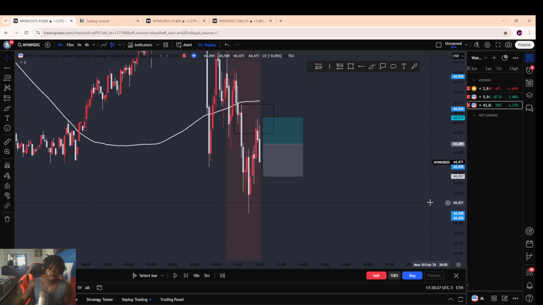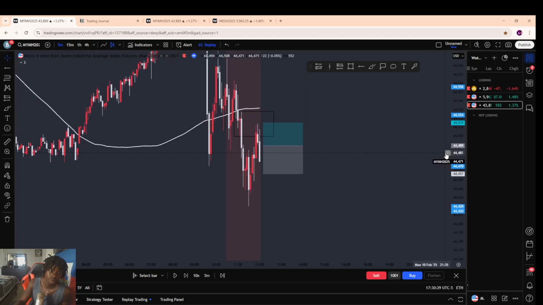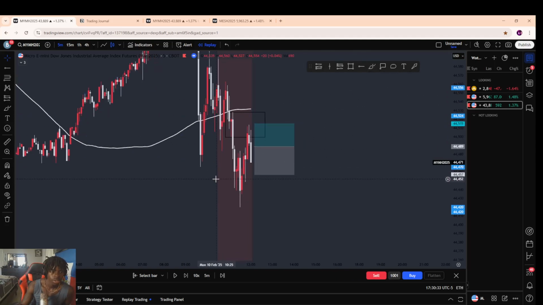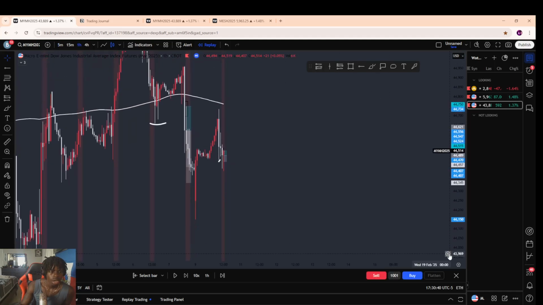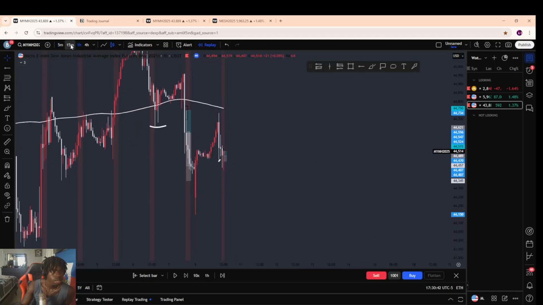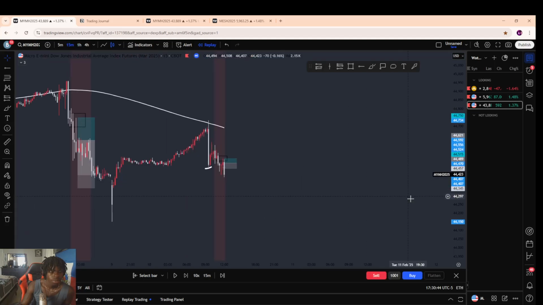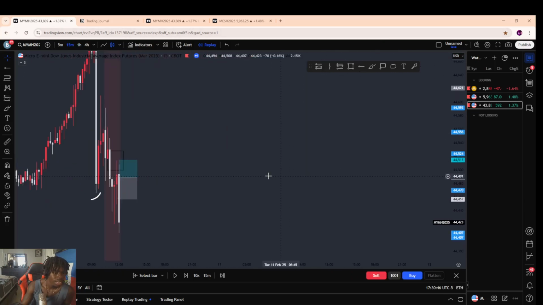As you can see on the 5-minute chart, we're going with the trend. We're going away from the VWAP. We have a break of structure right here, which I like to see. And so I looked on the 1 hour. On the 1 hour, we're bearish. 15-minute, we're bearish as well. This also is a 15-minute zone.